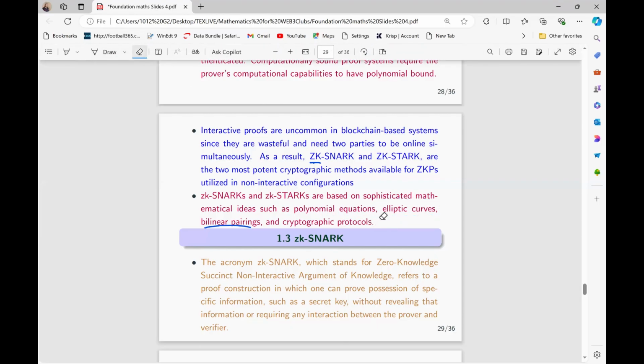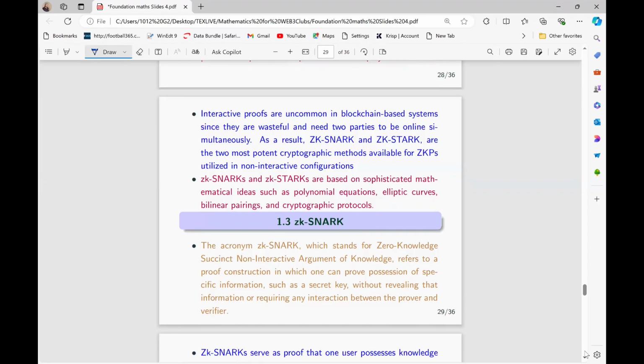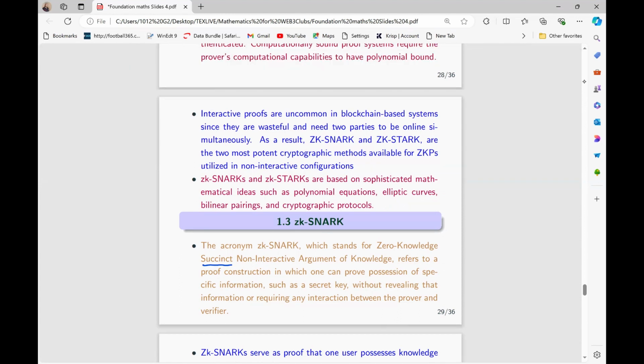Now, so what is ZK-SNARK, therefore? I say it is an abbreviation. What does it stand for? We need to know what it stands for. And of course, I had already defined this term. I had already said that if a proof is succinct, then it means that this proof is less than the witness.